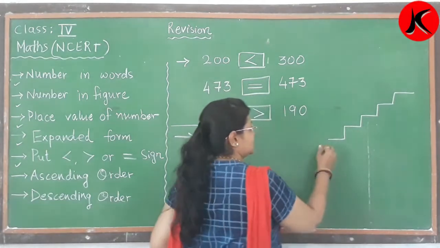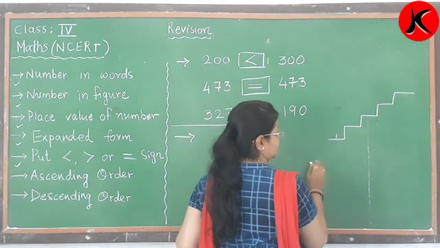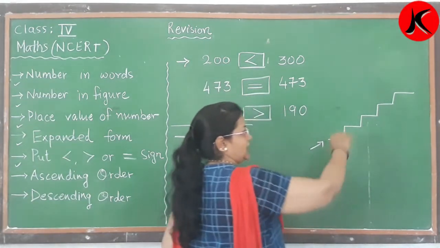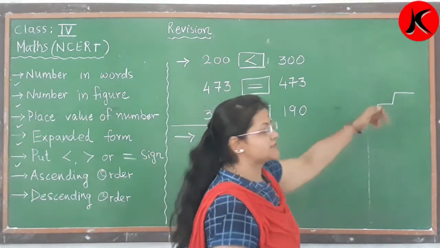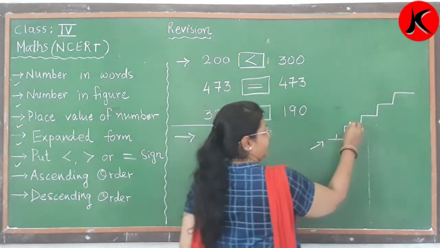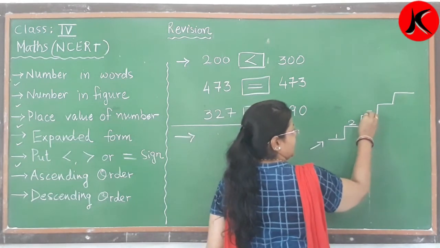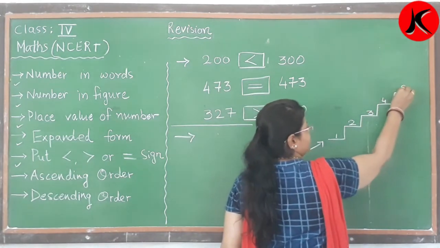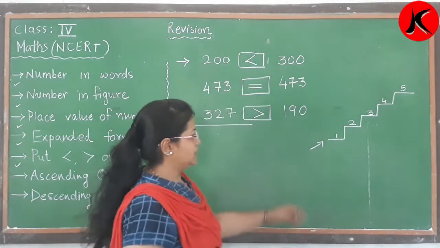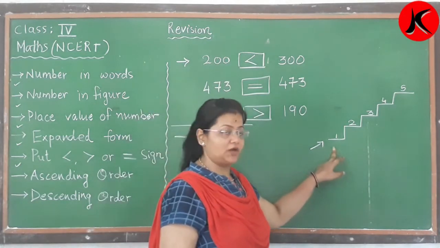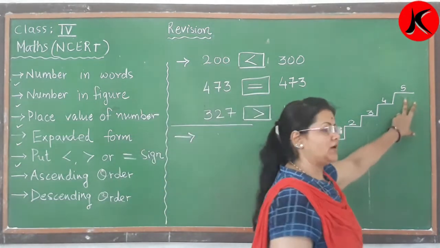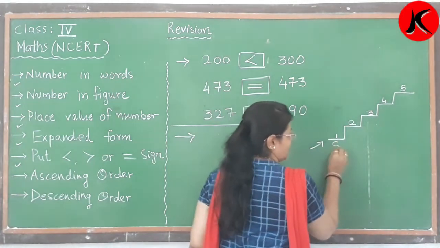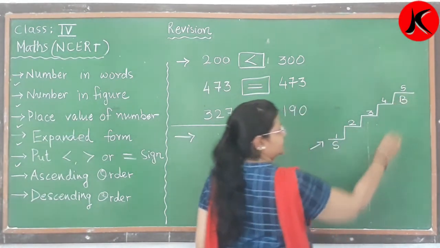I am going up from here. So first step, second step, third step, fourth step and fifth step. Right? So this one is the small number and this is the big number. So here I write small and here big.